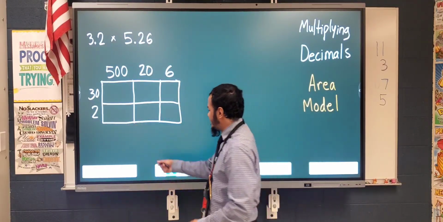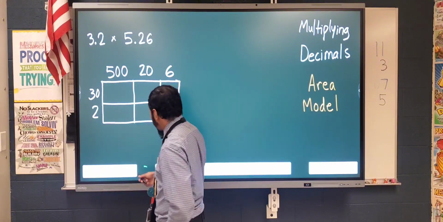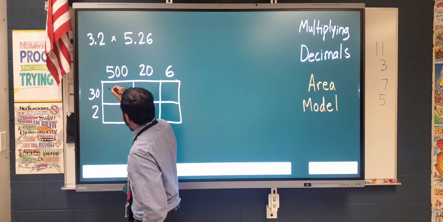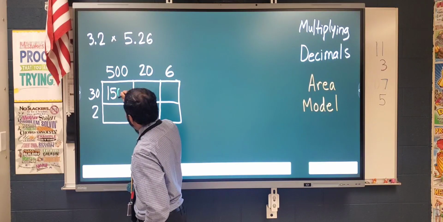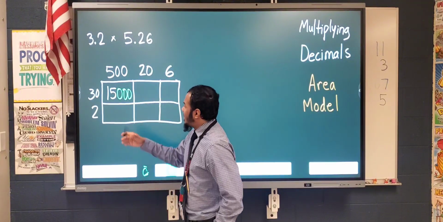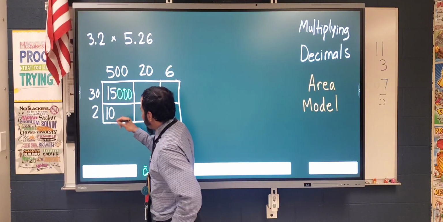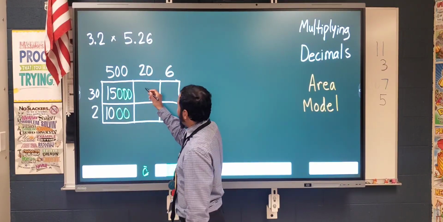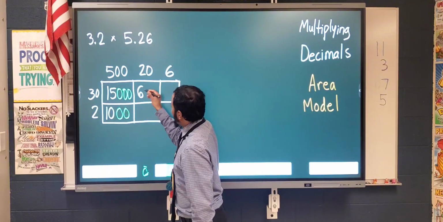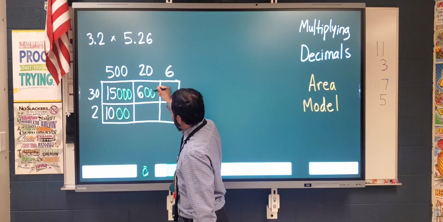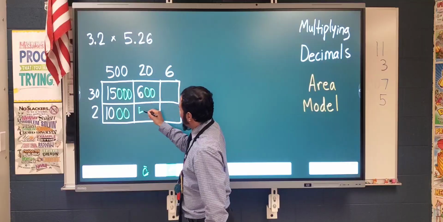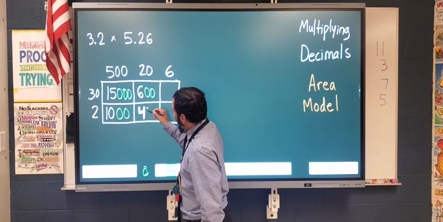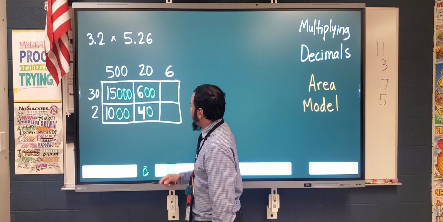I'm going to use a different color to show you. 3 times 5 is 15, but then you have to add 3 zeros. 2 times 5 is 10, but then you add 2 more zeros. 3 times 2 is 6, but then you add 2 more zeros. 2 times 2 is 4, and then you add 1 zero.